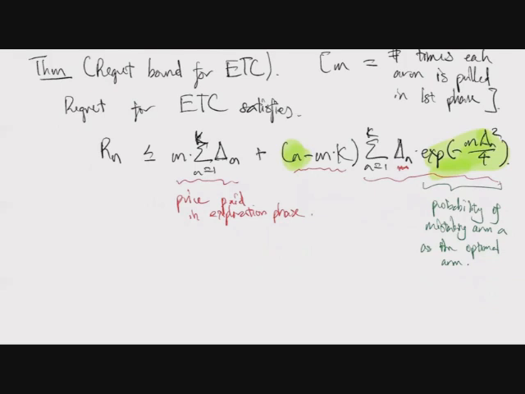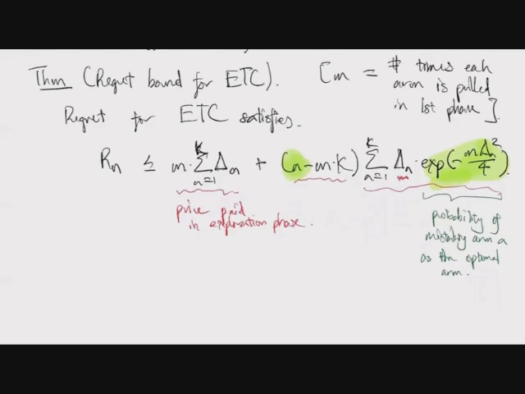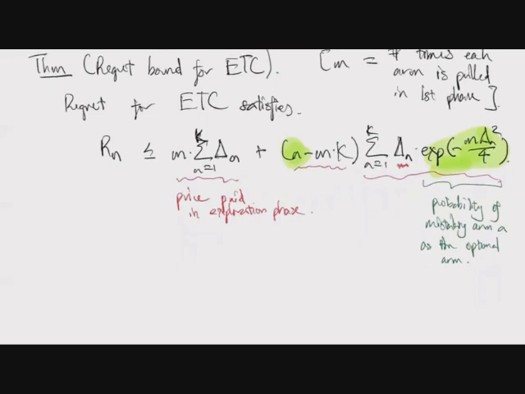So this is what happens in ETC for some fixed value of m, some fixed value for the length of the exploration phase. If we were given some additional information, so if we could pick m depending on the suboptimality gap delta A and the time horizon n, then we can actually do better.